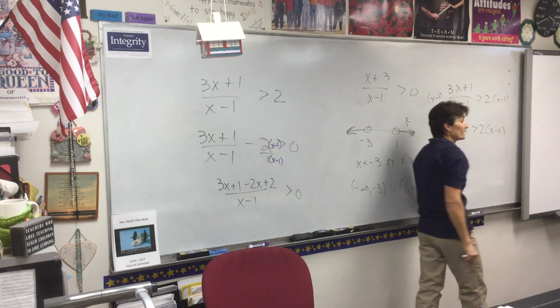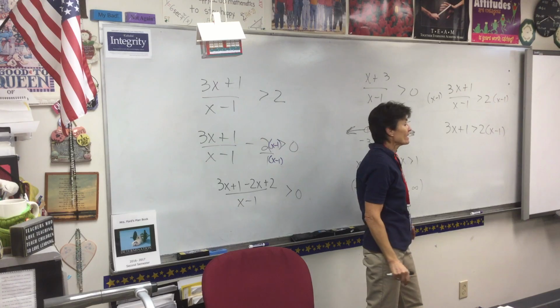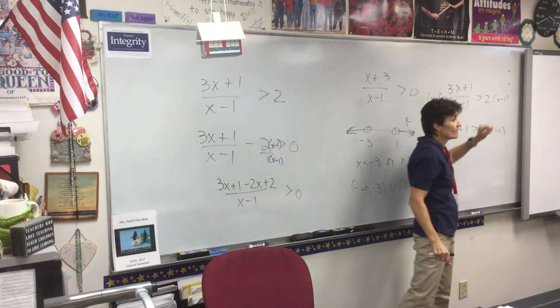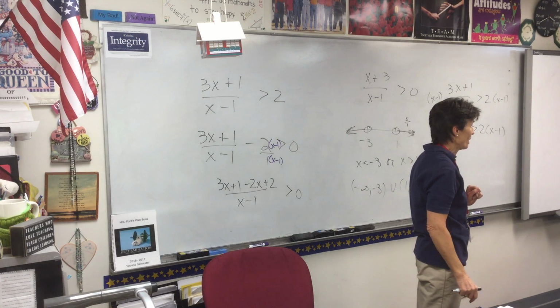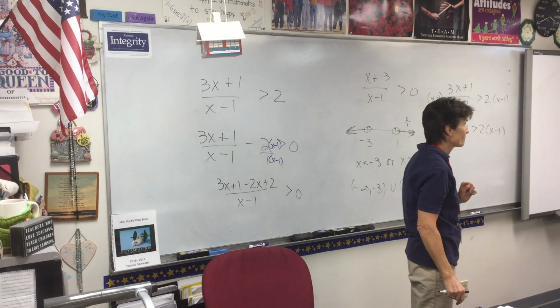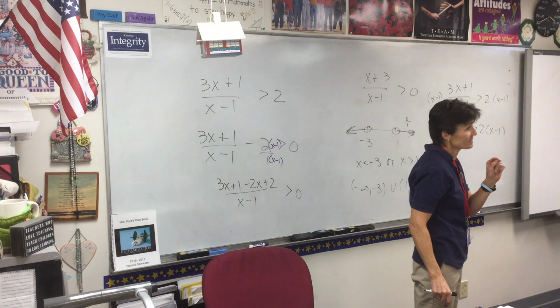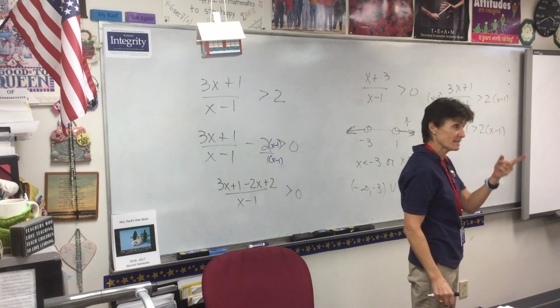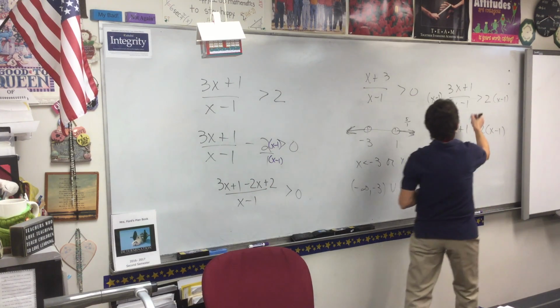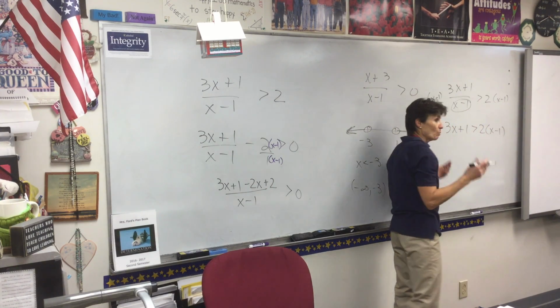I get it completely, but I can't, because this is an inequality. And there's a special rule about multiplying in inequalities. Do you remember what that rule is? Sometimes you flip the sign, not always. When do we flip the sign? When it's negative.